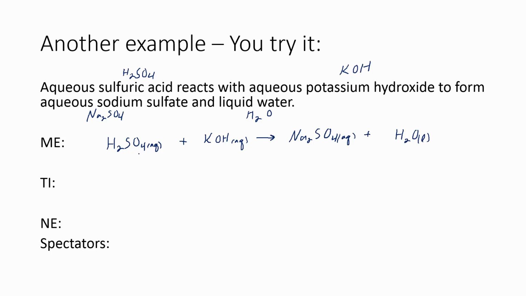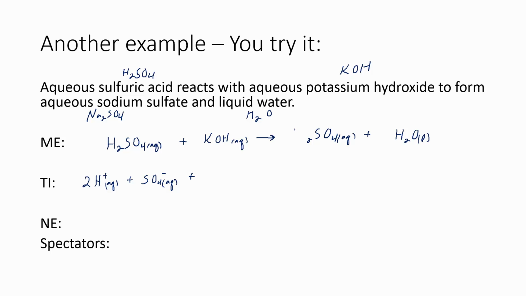Alright, so that's the molecular equation. That's all the molecules and their states of matter. So we break this apart: 2 H pluses, which are aqueous, and 1 sulfate, polyatomic anion, aqueous. We should probably balance this as well. I can't believe I wrote sodium. What is it about these products?